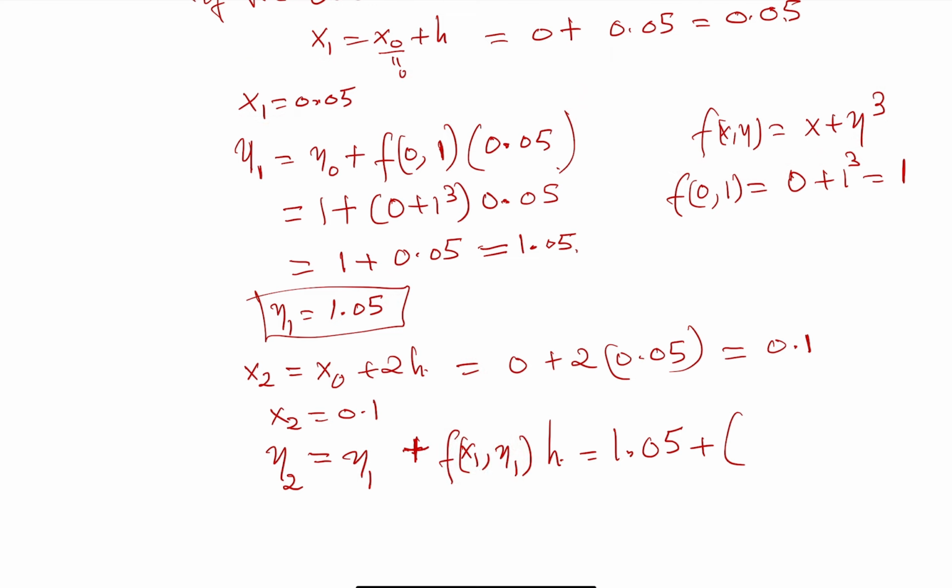So in parentheses, 0.05 plus 1.05 to the third, and then times h. h is 0.05. If you use your calculator, let me check.